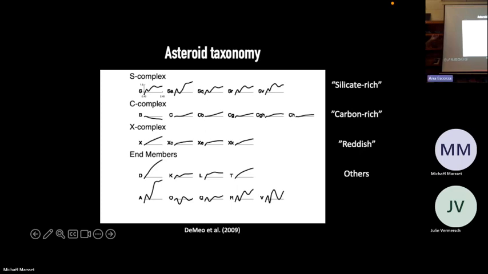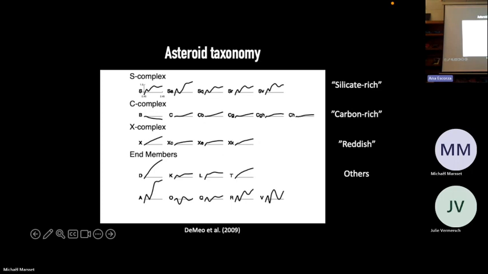So if I have to simplify, you have the S-type asteroids, which are silicate rich. So again, these broad features. Then you have the C-complex, which are carbon rich, more primitive surfaces. Some of them are hydrated, some others are not. Then you have these reddish classes, and then the N members, which are less common.